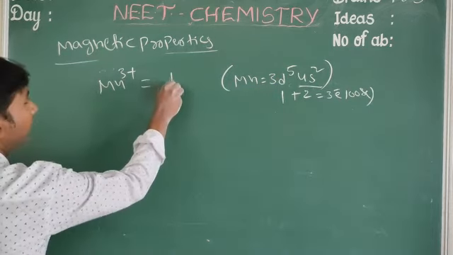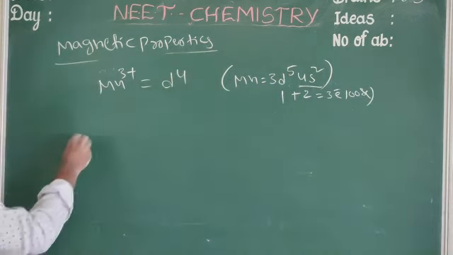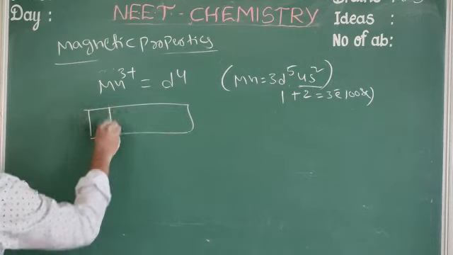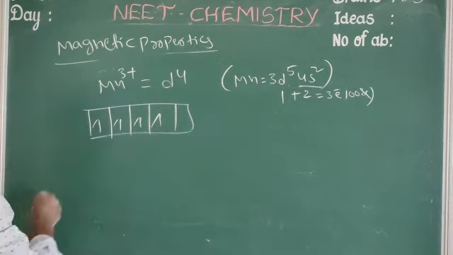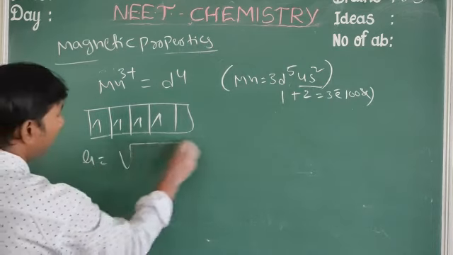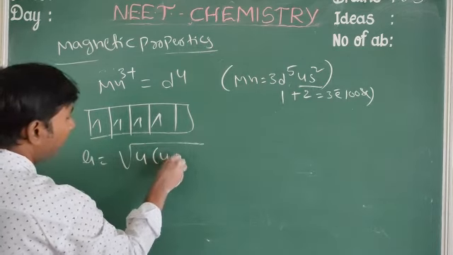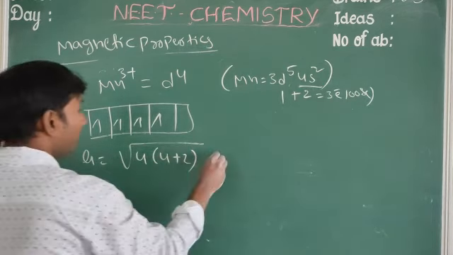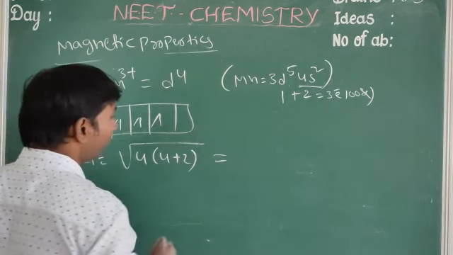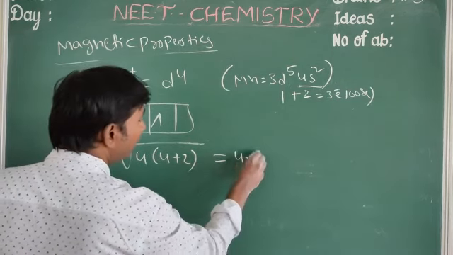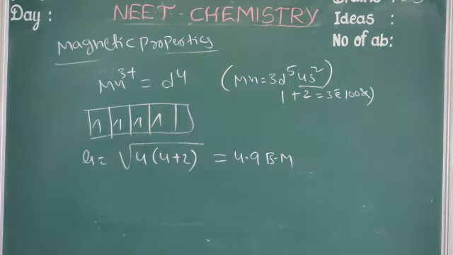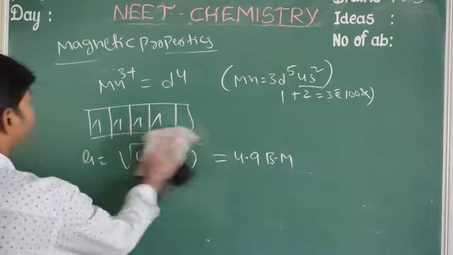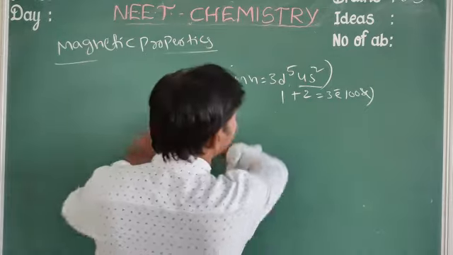D4 means 4 unpaired electrons. So μ equals under root of 4 into 4 plus 2, root 24, which is almost 4.9 Bohr magneton.